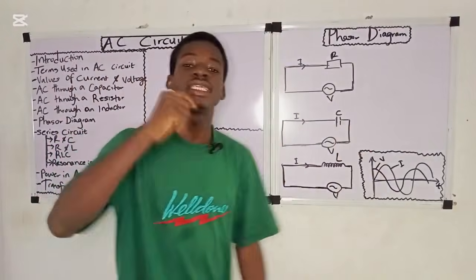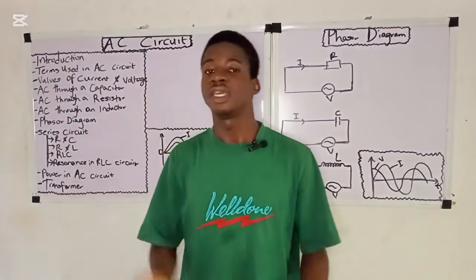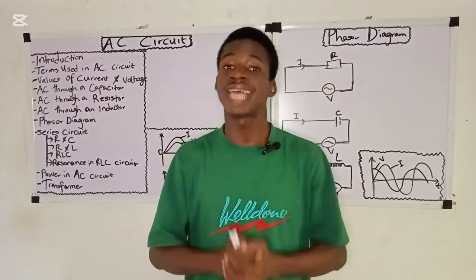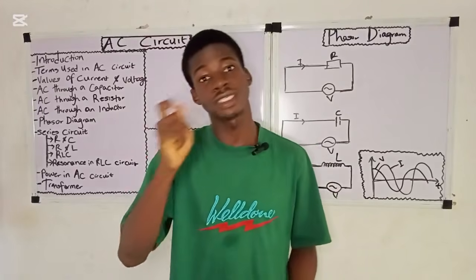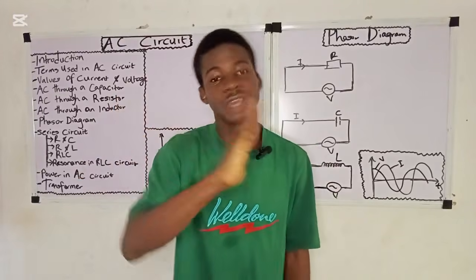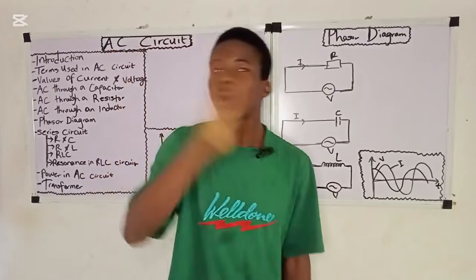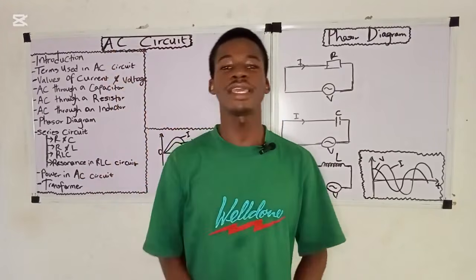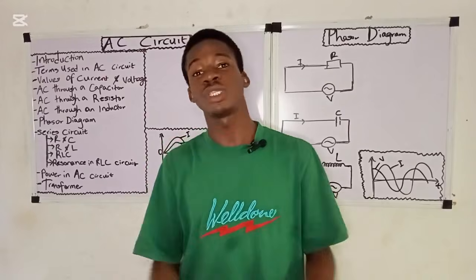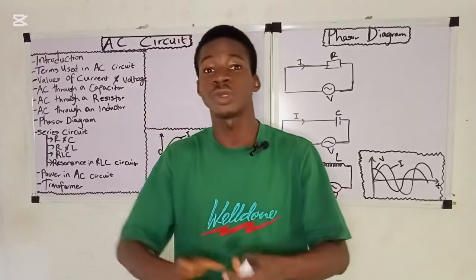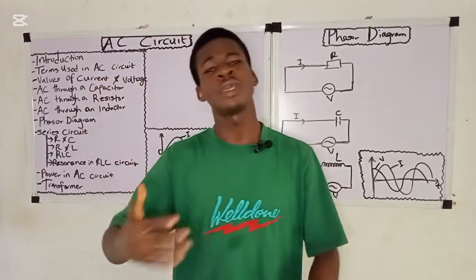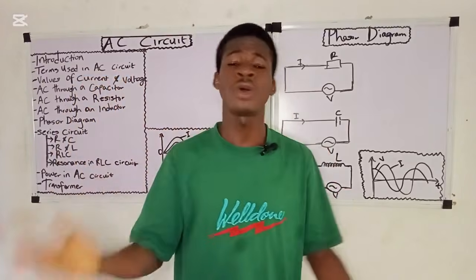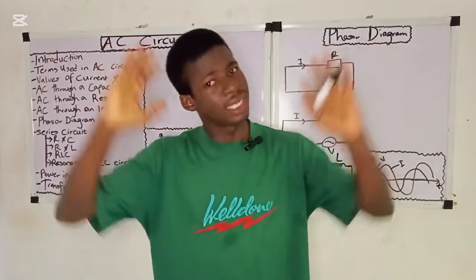So what is an AC circuit? It's very easy. An AC circuit is a circuit with a current and voltage that changes with time, from the word alternating. A circuit with a current and voltage that do what? That changes with time, or you can say that reverses with time, or that varies with time.